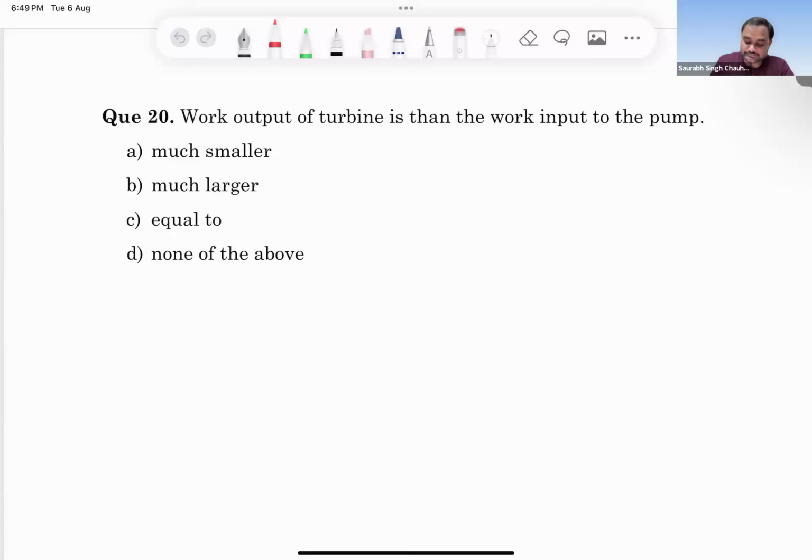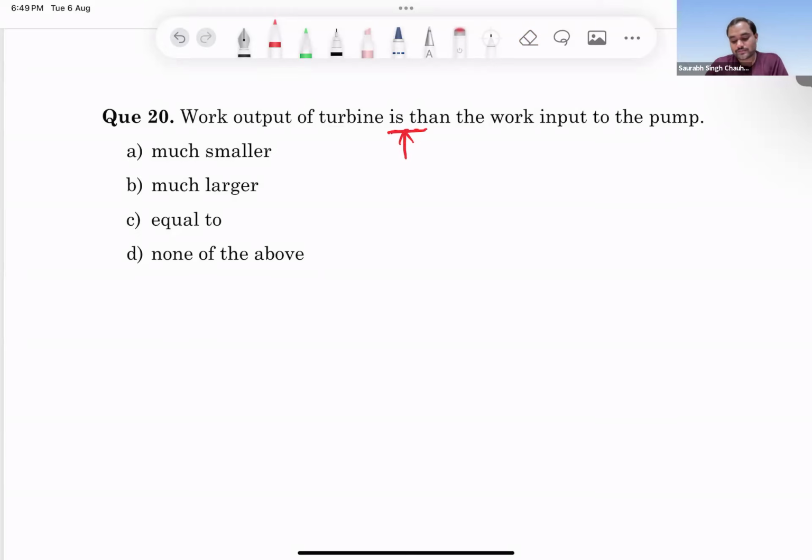Sorry, I will read it again. Work output of turbine is, there should be some blank space, and we have to tell whether it is less than, more than, or equal to.